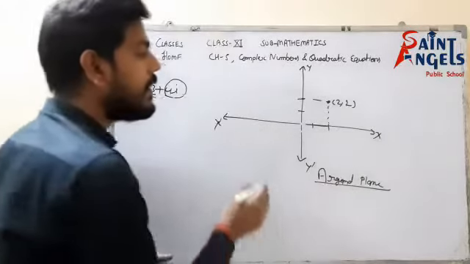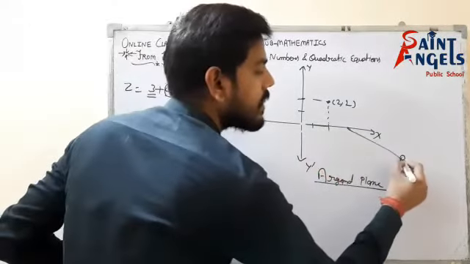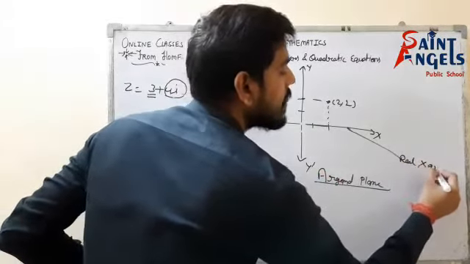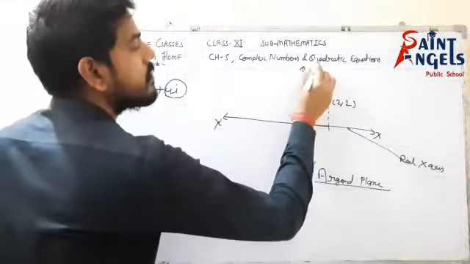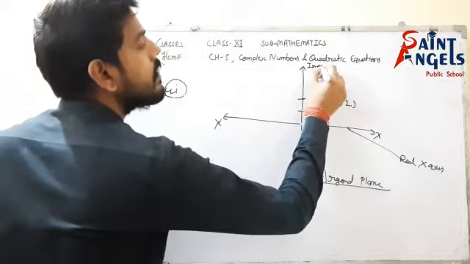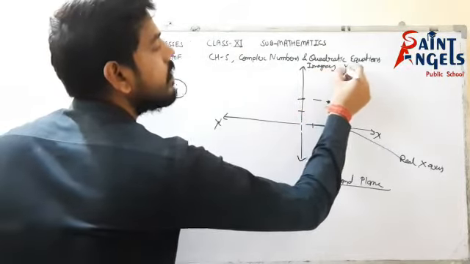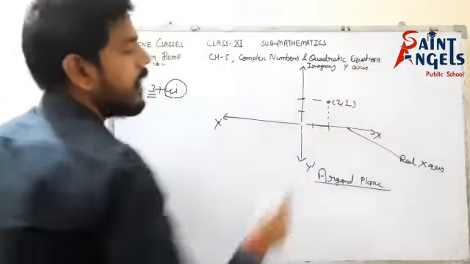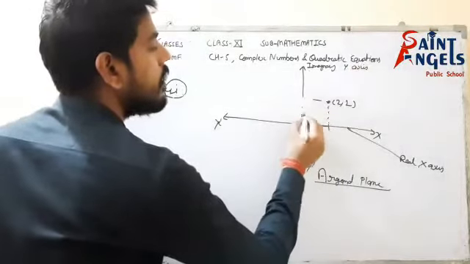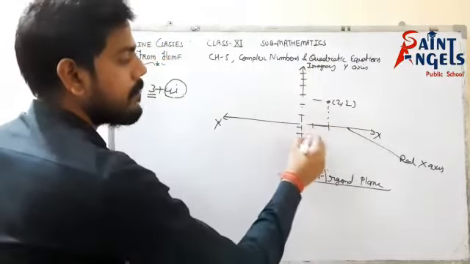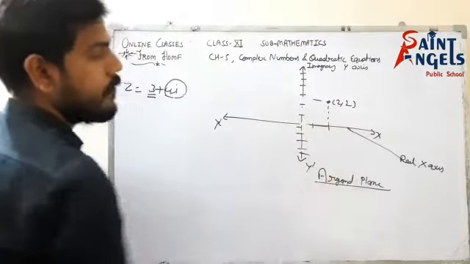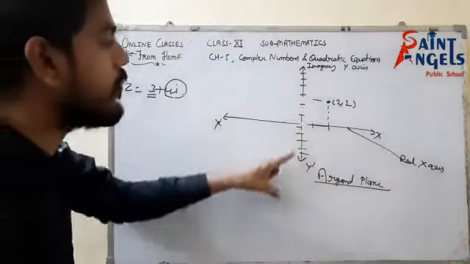In this plane, we take the real x-axis, but we take the imaginary y-axis, and it would be like i, 2i, 3i, 4i, 5i, 6i, minus i, minus 2i, minus 3i, minus 4i, minus 5i, whatever number I take with i.